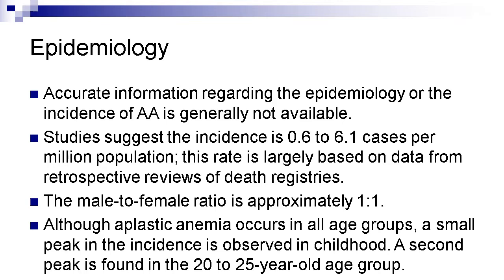The male to female ratio is approximately 1:1, equal in both genders. Although aplastic anemia occurs in all age groups, a small peak in the incidence is observed in childhood. A second peak is found in the age 20 to 25 years old.